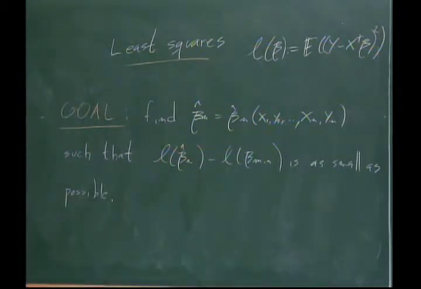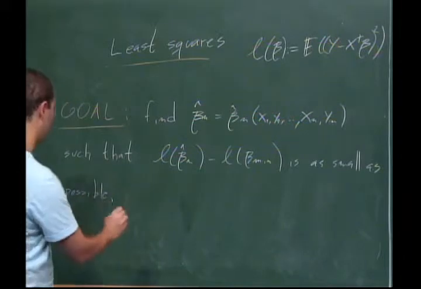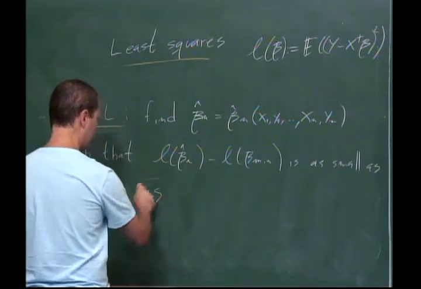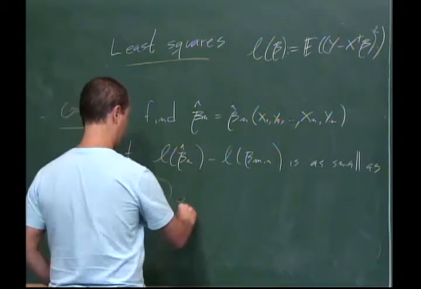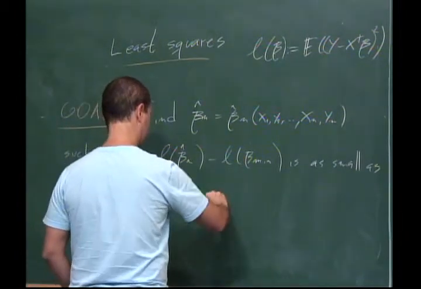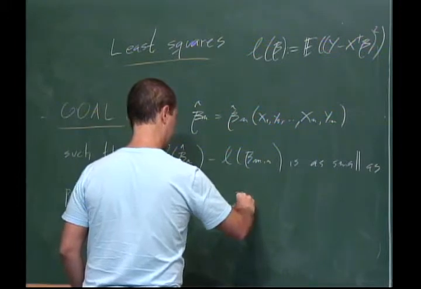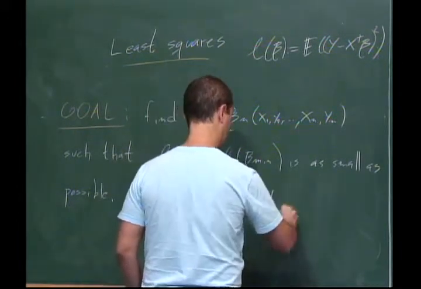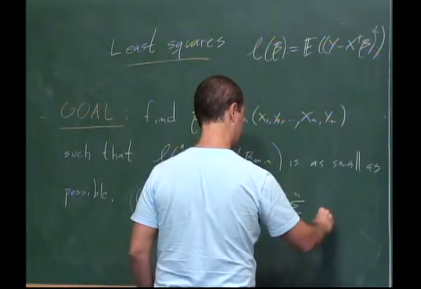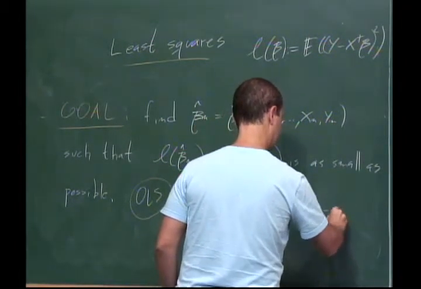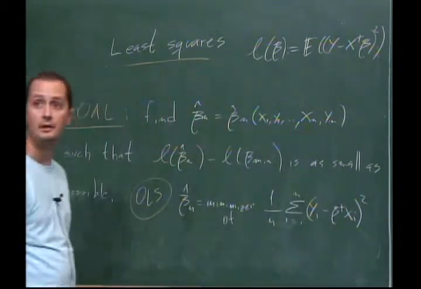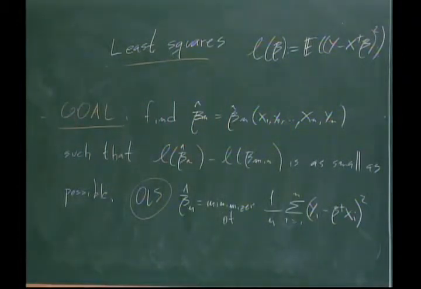Okay? But let me just say, what's the method we're going to use to do this? So ordinary least squares consists exactly of taking the beta that minimizes this expression here. So what am I saying here?